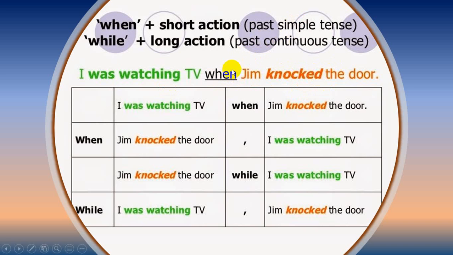When we put when in the middle, it is followed by past simple. But if we want to put it in the first sentence, at the first, When Jim knocked the door, comma, I was watching TV.